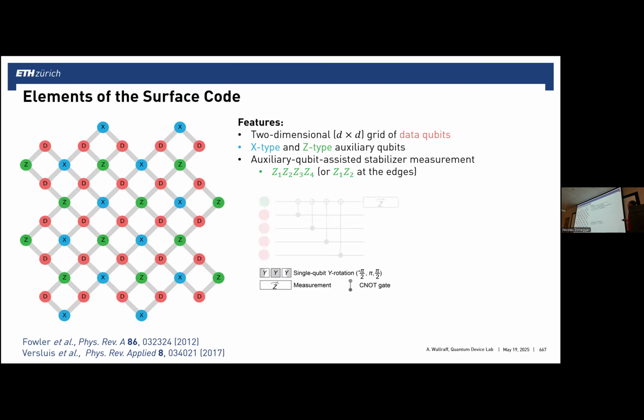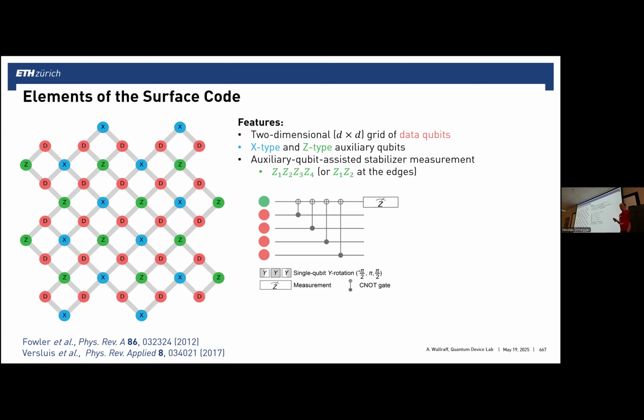The way you could measure the parity on such a plaquette, which corresponds to measuring the product of four local Z operators of the data qubits that sit on the vertices of this plaquette, is you could build a measurement apparatus that directly measures this. If you're a theorist, you could think about what you would need to do that.